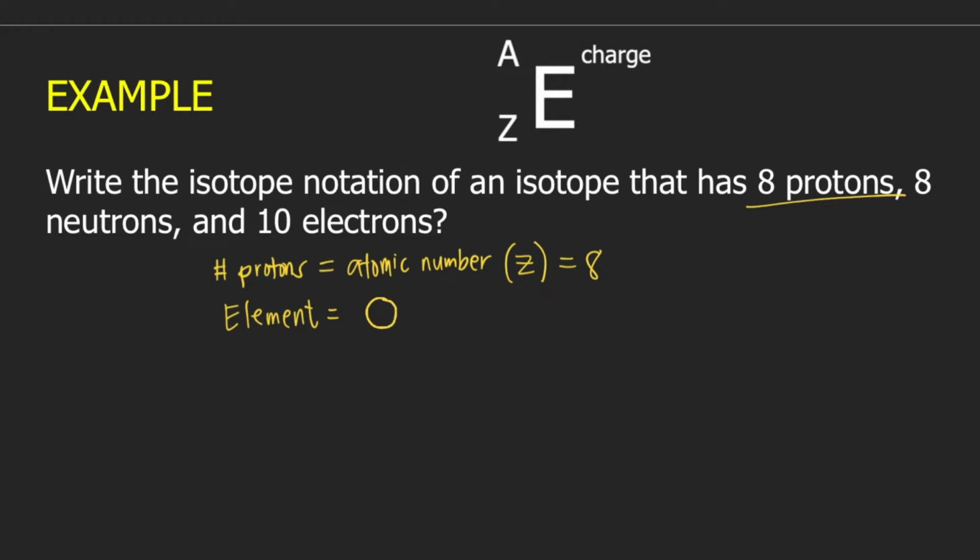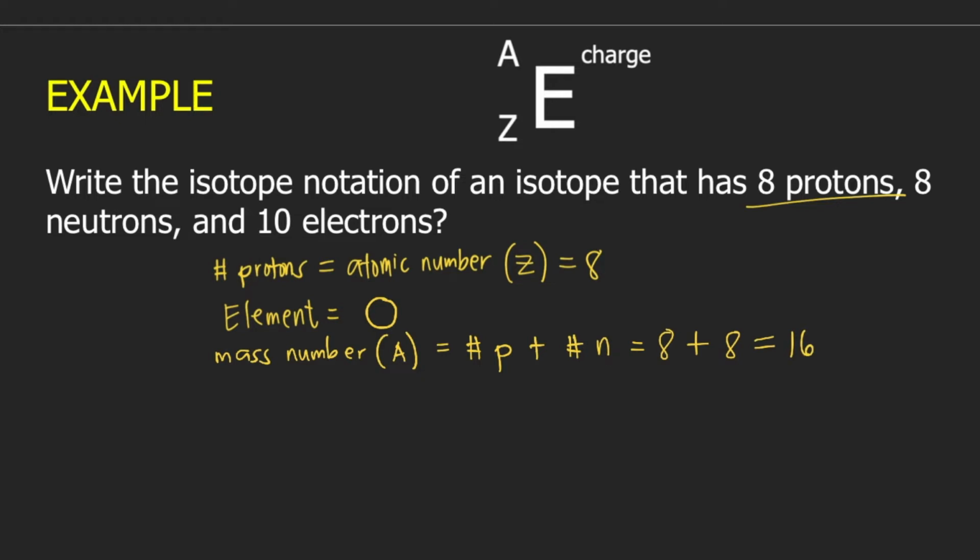Now for our mass number, or A, we know that mass number is equal to the number of protons plus the number of neutrons. According to the problem, there are 8 protons plus 8 neutrons, so our mass number is 16.